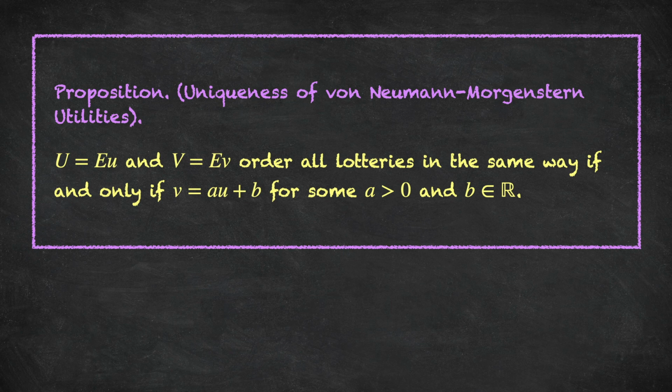They order lotteries in the same way. They represent the same preferences if and only if the von Neumann-Morgenstern utilities little u and little v are cardinally equivalent. That is, V is a positive affine transformation of U: V is equal to A times U plus B, where A is strictly positive and B is any number.